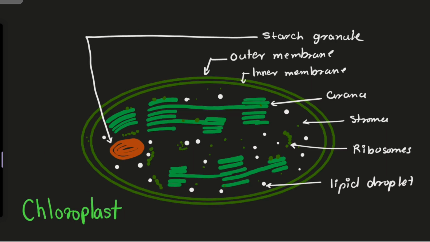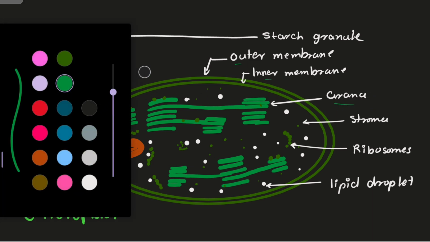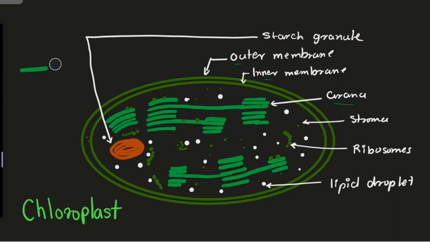This is the diagrammatic representation of a chloroplast. We have the outer membrane, inner membrane, then this is grana. These small structures you are seeing are not like planes or lines.